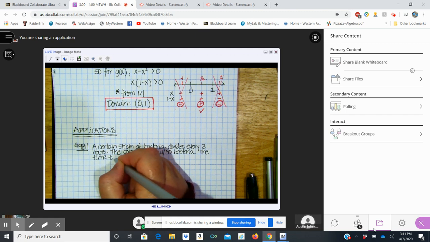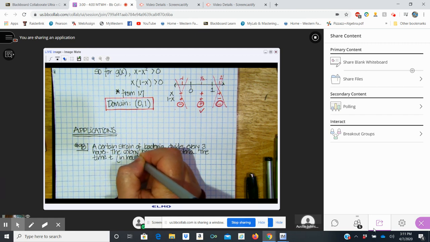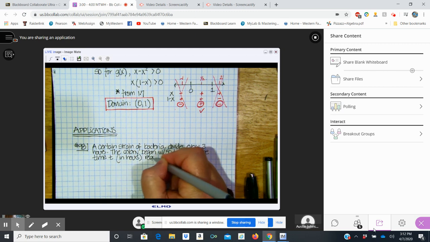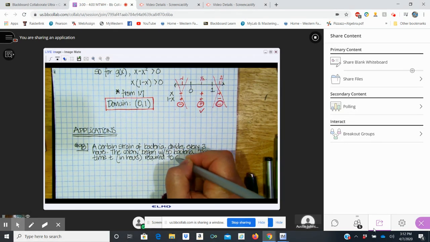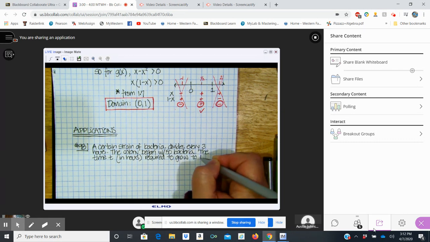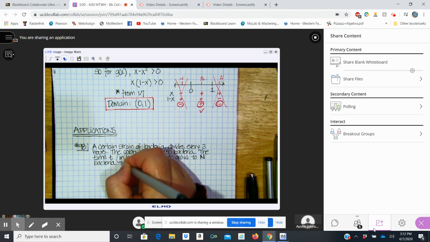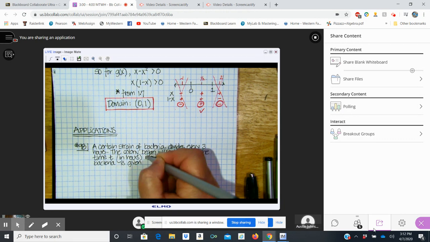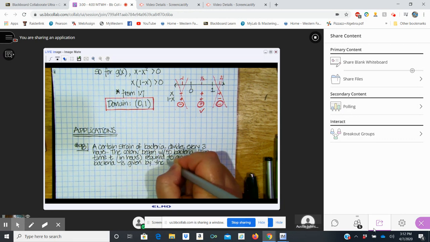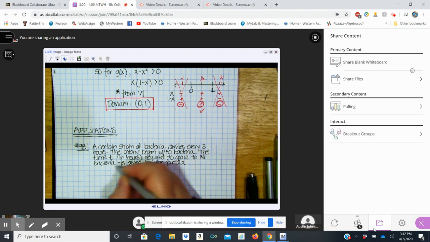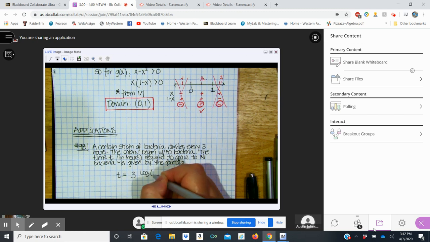The time t in hours required to grow to N bacteria is given by the formula: three times log of N divided by 50, over log of 2.